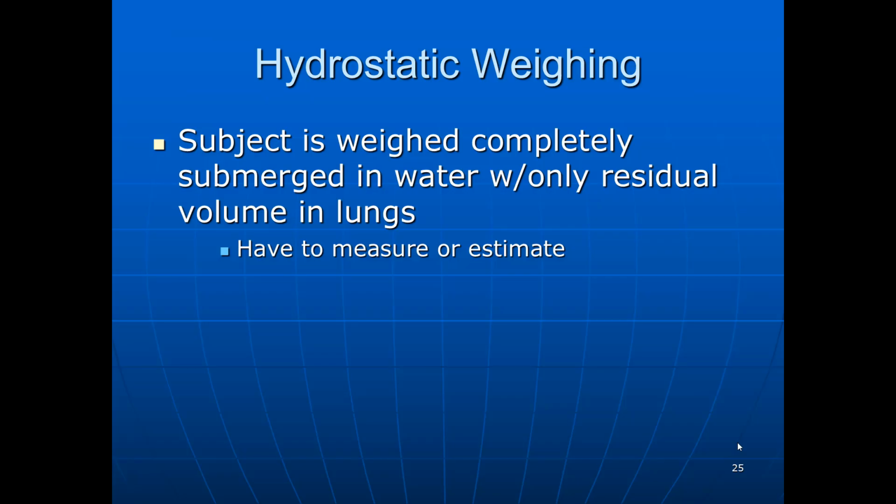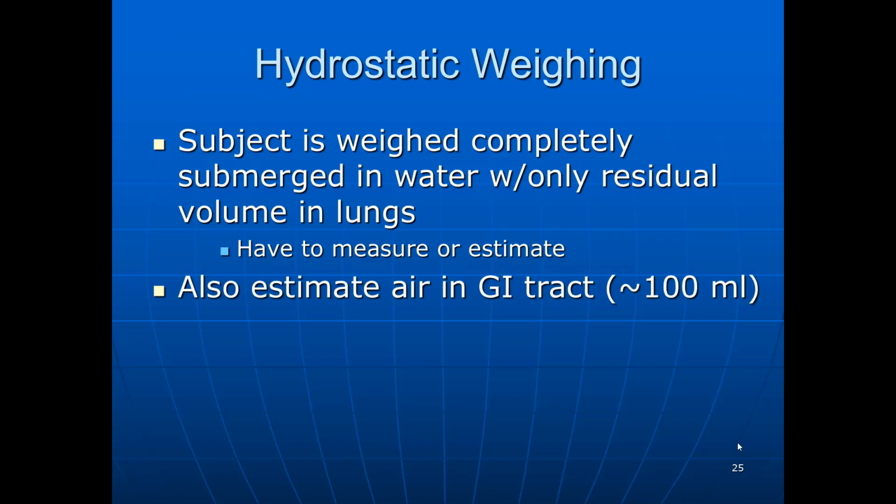So we want them to exhale as much as possible where only the residual volume is left in the lungs. We account for the residual volume by either measuring it or estimating it, which is more commonly done. We also have to consider the air that might be in the gastrointestinal tract. That's really hard to measure, so we usually just estimate it at about 100 milliliters.